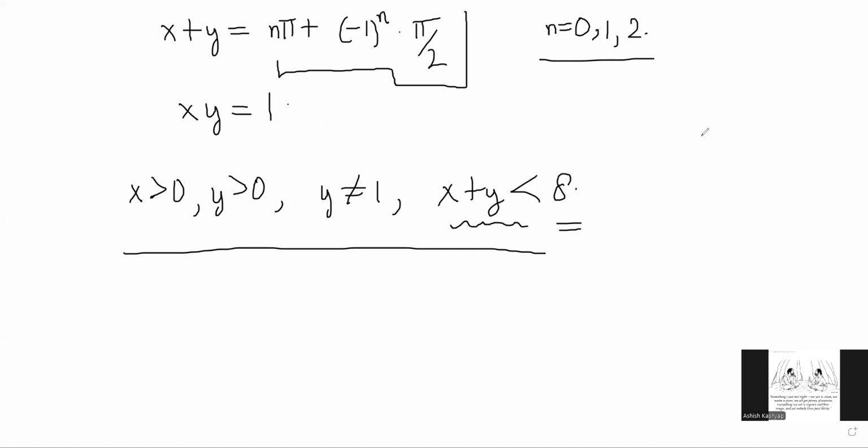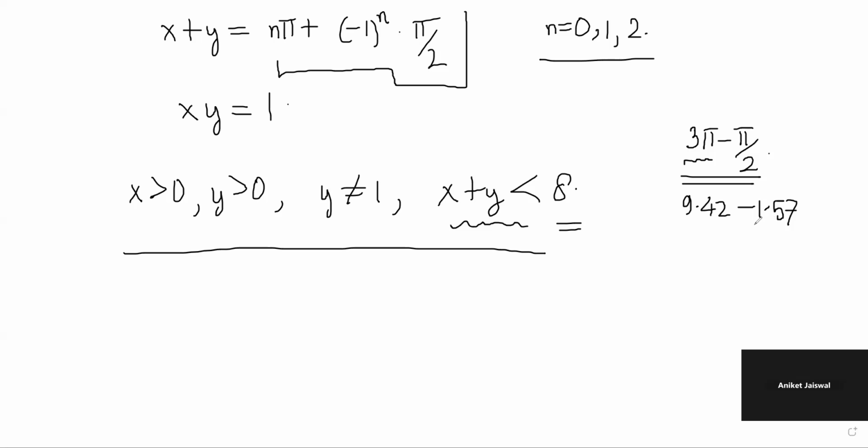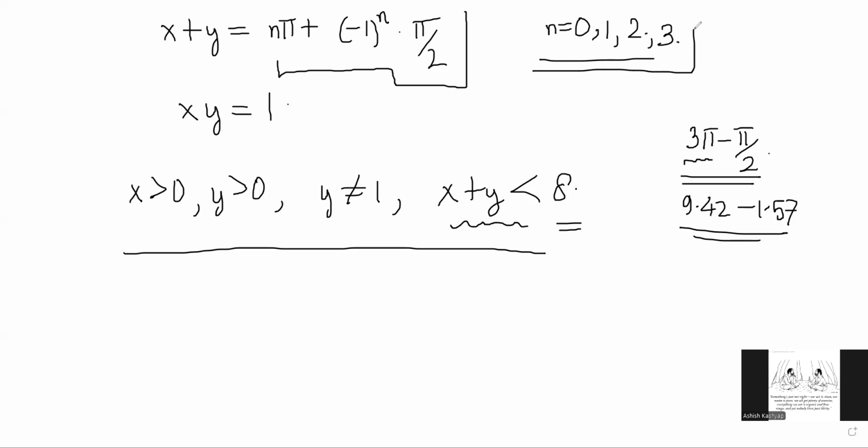It is possible, I think. 3 pi minus pi by 2 is 3 into 3.14, 9.42 minus 1.57. It is less than 8. So 3 is also possible, right? So 0, 1, 2, 3, these are the possible values of x plus y.